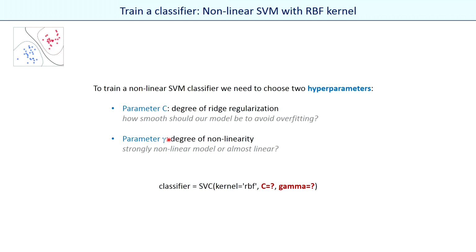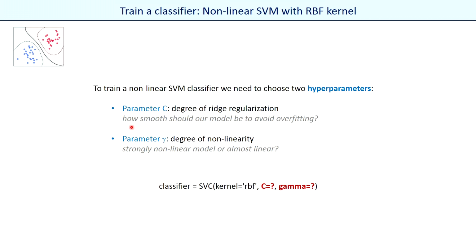To train the SVM classifier with RBF kernel, we need to choose 2 hyperparameters. The first parameter, C, controls the degree of regularization to avoid overfitting. As we already discussed, the regularization is a good practice and it is included by default in scikit-learn for many classifiers. For the SVM method, we will use a standard ridge regularization.